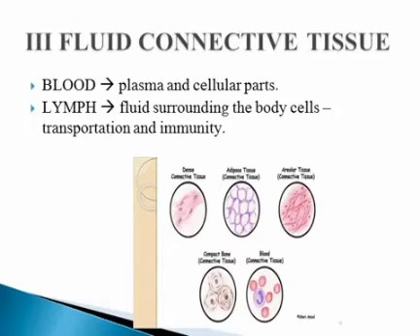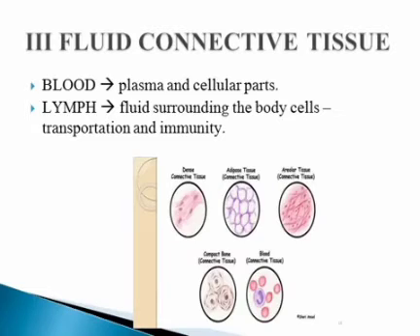One is plasma, another one is the cellular part. The liquid part is called plasma, and the cellular part is red blood cells, white blood cells, and platelets. The cellular parts are again classified into three groups: RBC, red blood corpuscles; WBC, white blood corpuscles; and platelets.